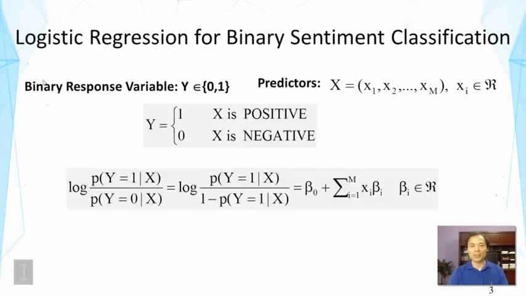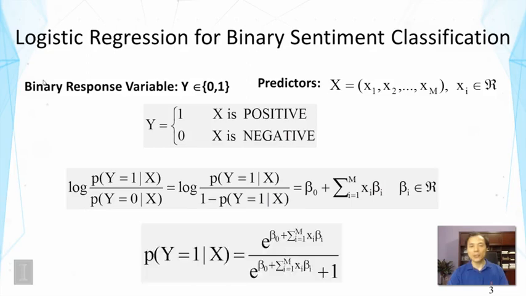You may recall that in logistic regression, we assume the log odds of the probability that y is equal to 1 is assumed to be a linear function of these features as shown here. So this would allow us to also write the probability of y equals 1 given x in this equation that you are seeing on the bottom.